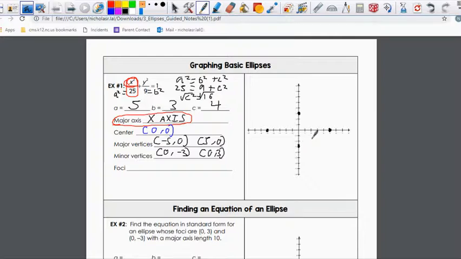Our foci, now that we know c, are going to be at -4, 0 and 4, 0. Remember, the foci lie on the major axis. All right, so our foci will be right here.